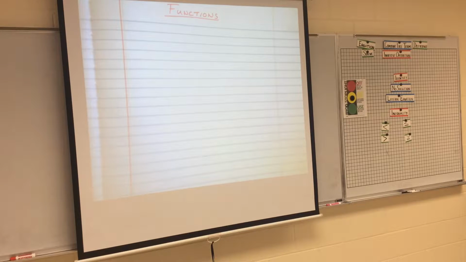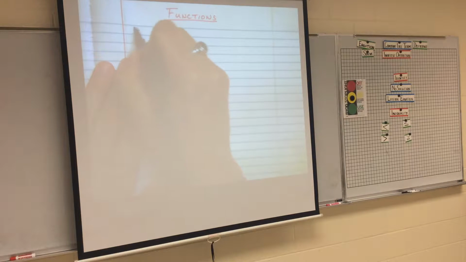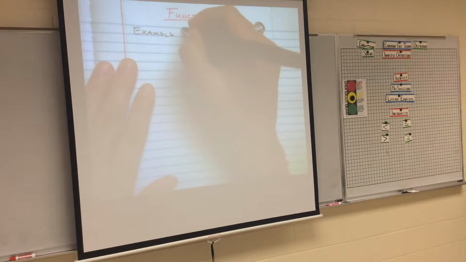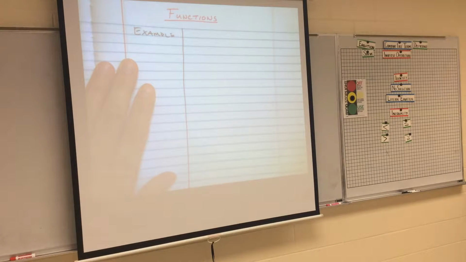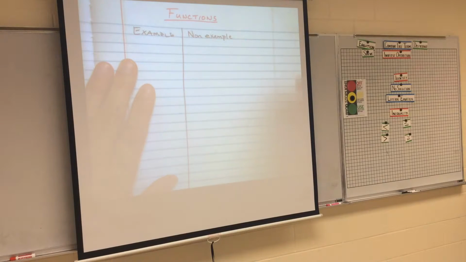Alright, so functions, we're going to do some examples and non-examples. I'm going to draw a line all the way down, so I've got example, I've got a non-example. Yes, sir, we're going to fill this notebook.